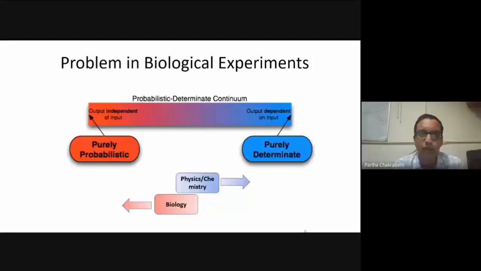So in biology, the main problem, as you see, is that the output is independent of input, right? So for example, we always experience this, and I'll come to that problem in the very next slide, that for example, if we ask what is the age of students in a class, there is no single data point, right?